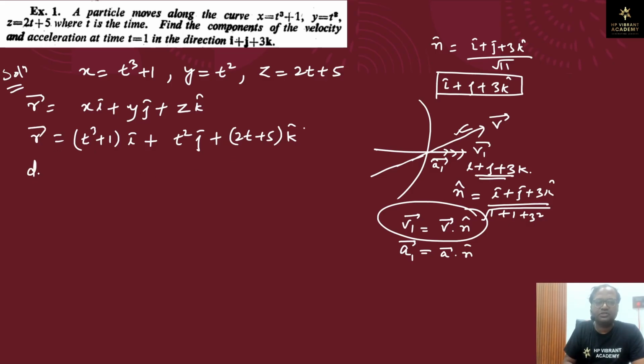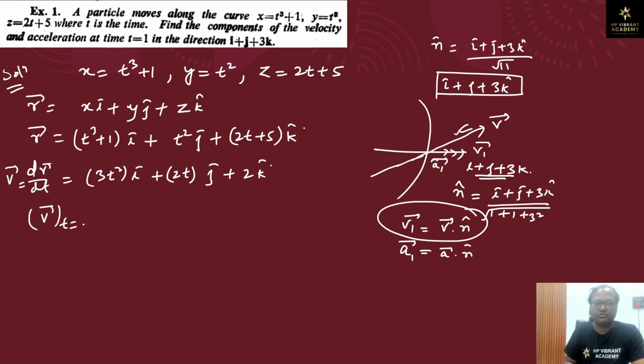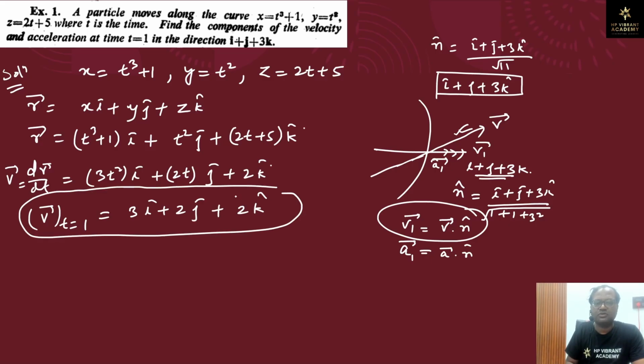The velocity is given by dr upon dt, so this is equal to 3t² i cap + 2t j cap + 2k cap. So velocity at t = 1 is given by 3 i cap + 2 j cap + 2k cap.